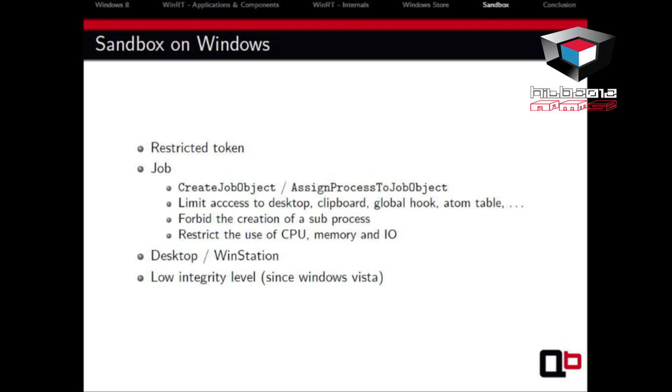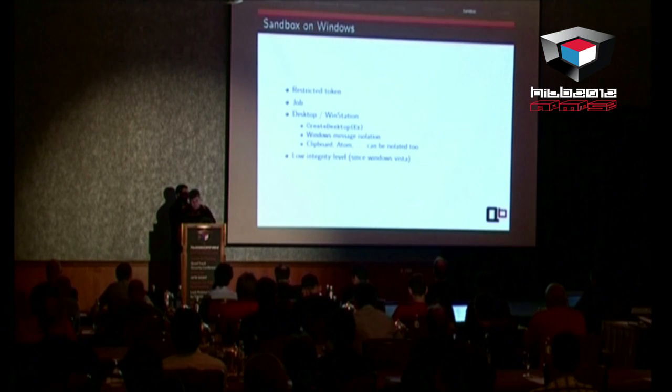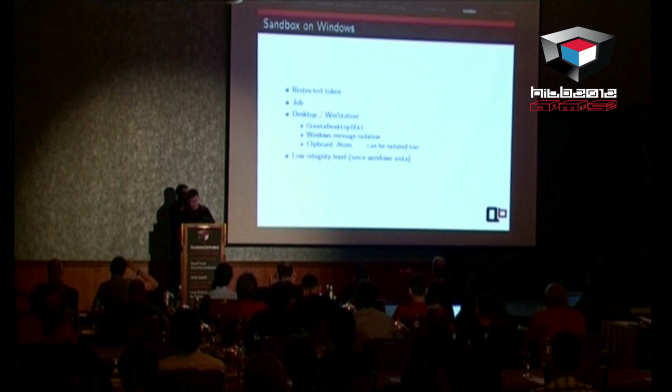We also find the job object, which, when assigned to a process, allows to limit access to desktop, clipboard, and so on, forbid the creation of sub-processes, and restrict the use of CPU, memory, etc. One thing is that on Windows, if there are multiple desktops, applications can communicate across desktops. So if you want to isolate a process, you can simply create a new desktop and put the new process on this desktop.